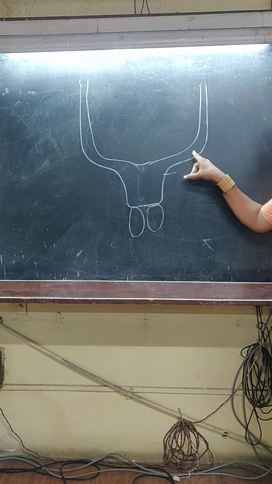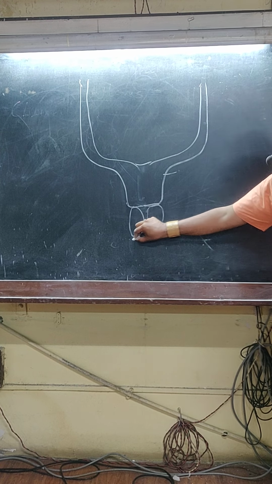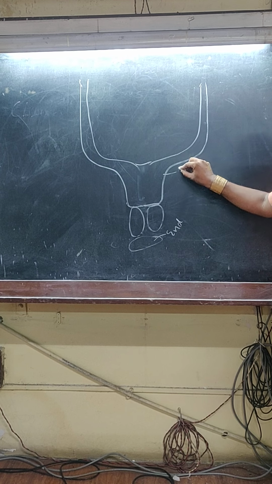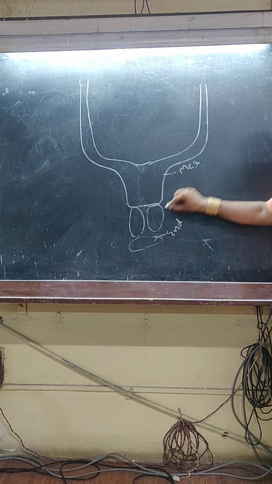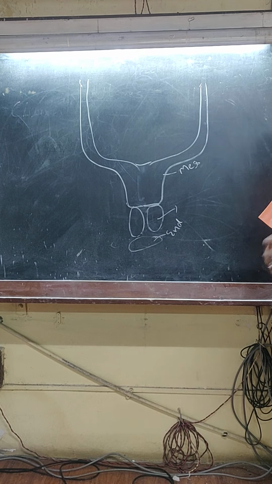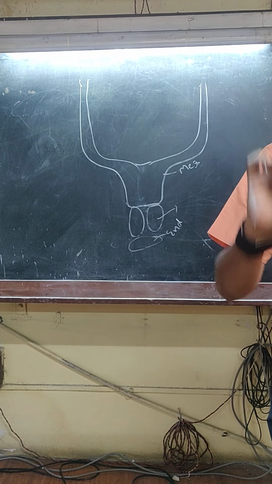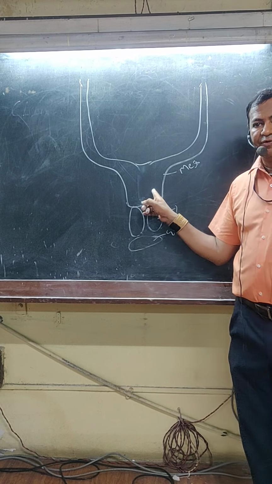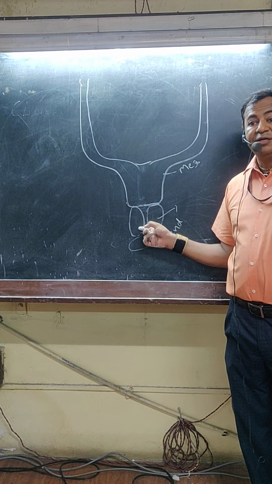Paramesonephric ducts are from which layer? Mesoderm. Hindgut is from which layer? Endoderm. Sino-vaginal bulbs are more from endoderm and a little bit from mesoderm. So development of the vagina is not entirely from the mesoderm. Most of it is from the endoderm.